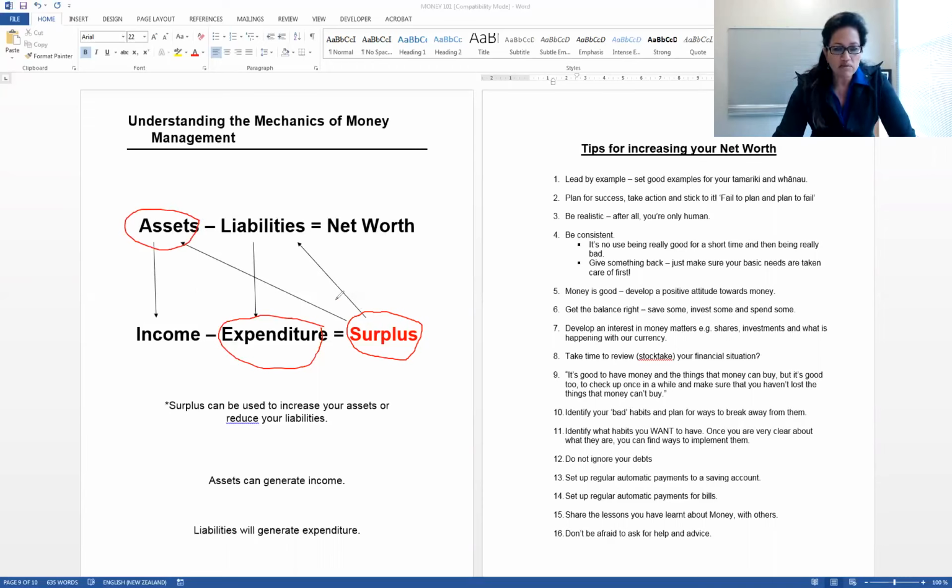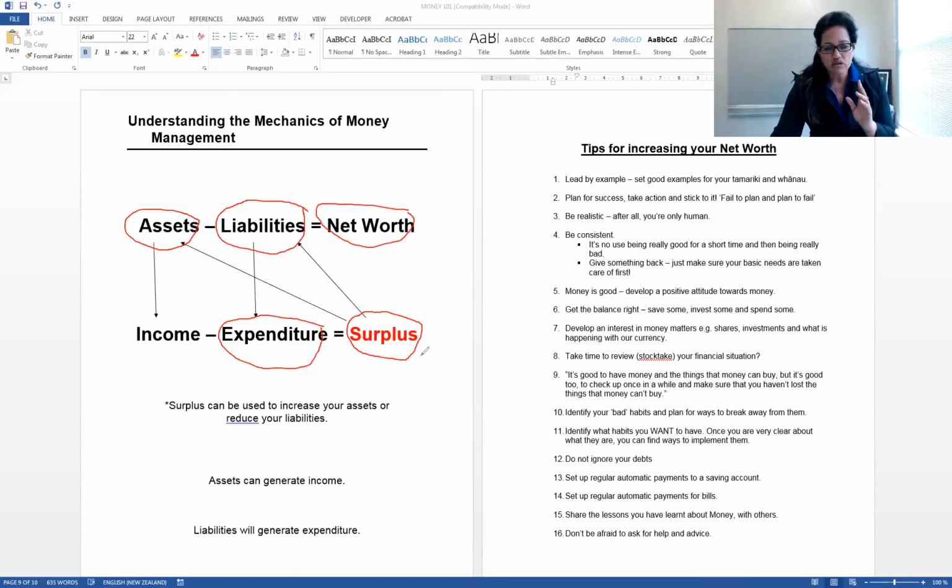She can also use some of that surplus to reduce her liabilities. And if she does that, then obviously her net worth is going to go up. By increasing her assets or decreasing her liabilities, her net worth is going to go up.